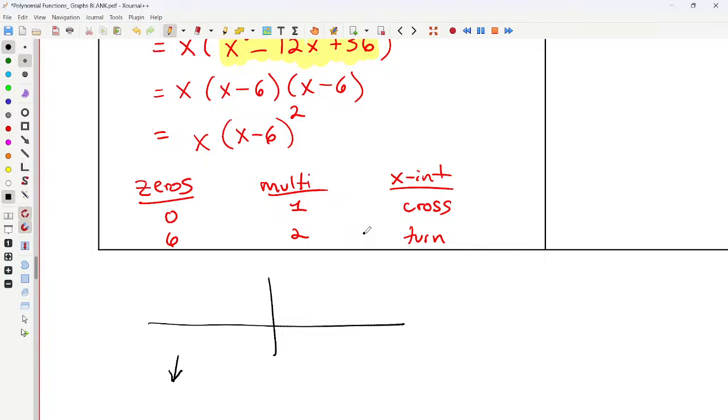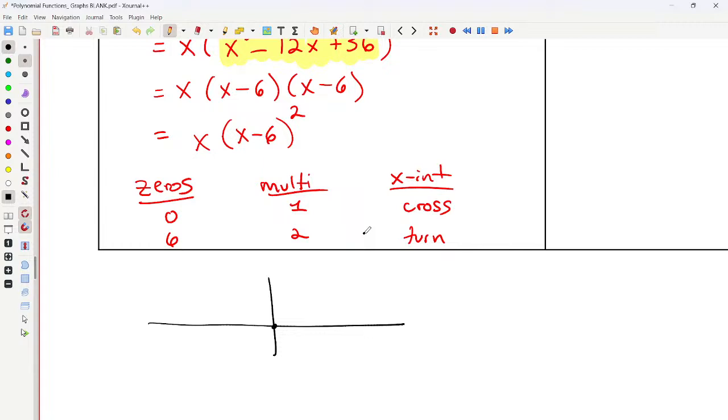Which one of these numbers is going to come up first? 0. And what are we going to do there? Cross. Then we're going to come back around to 6, and we're going to turn. So it looks something like this in a smooth, continuous curve. You cross there. By the way, every teacher will tell you they're a pain to draw. You almost have to have a plan in place first.